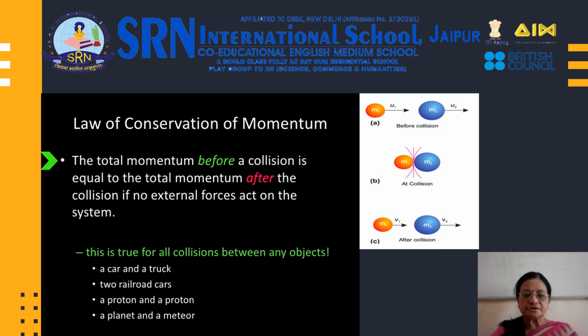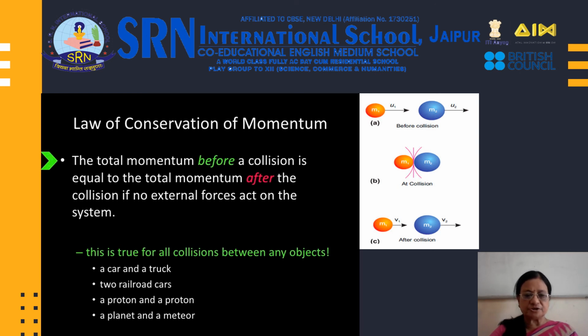Now they collide with equal force but opposite in direction, and this is according to the third law of motion. Therefore, the total momentum before the collision is equal to the total momentum after the collision. That means the momentum has been conserved. The total momentum before the collision is m1 u1 plus m2 u2, and this is equal to the total momentum after the collision, which is m1 v1 plus m2 v2.